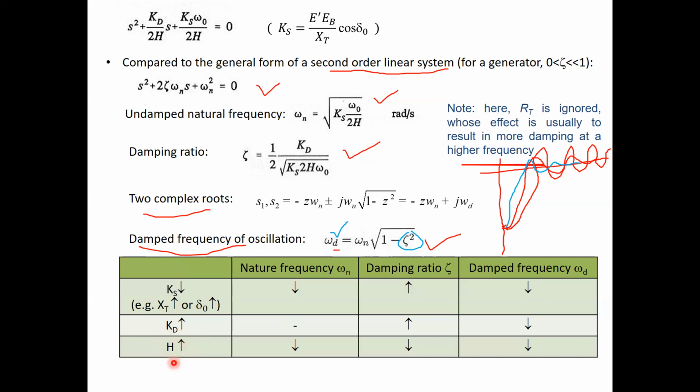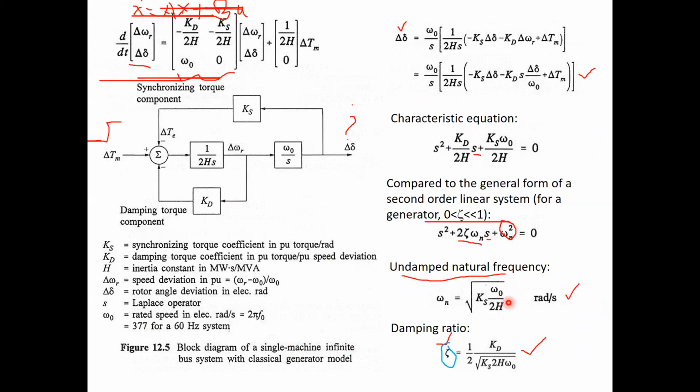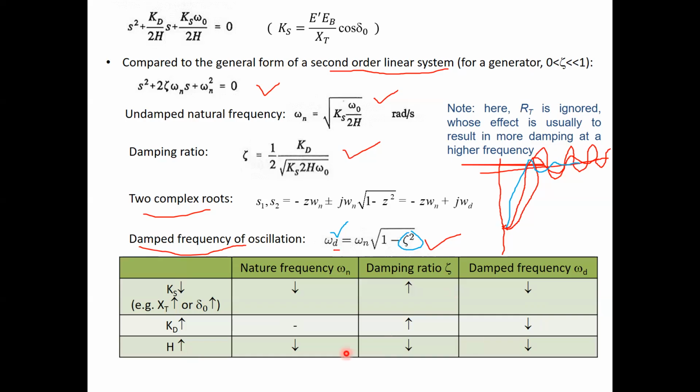But if you have high inertia, mostly from your large generators, then your natural frequency reduces, because when you go back here, inertia is increased, and then the natural frequency goes down. Then the damping ratio, as you increase inertia, reduces.